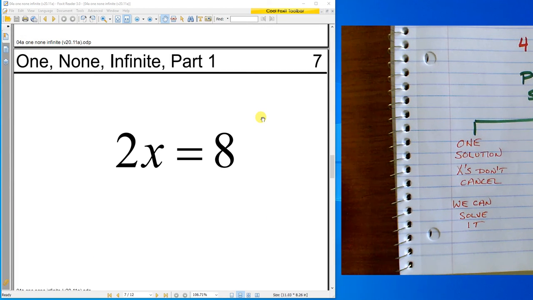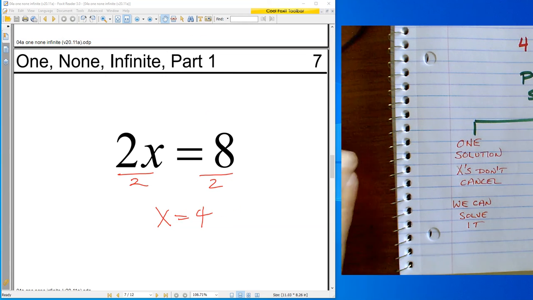So this one right here, you know what? This is not a great example, but we'll do some. Divided by 2, x equals 4, one solution.